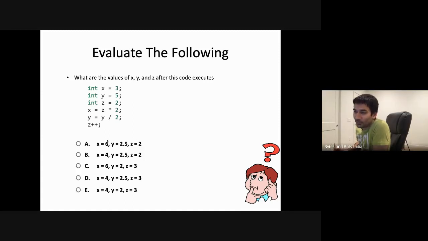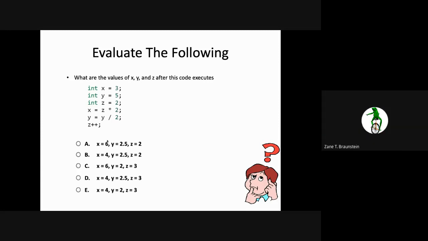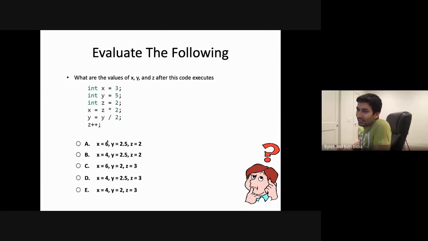Well, the answer in this case is actually E. So why is the answer E? Oh, because it's int. I know why. Yeah, it's int. Exactly, there you go. So your Y cannot be a fraction. So A, B, and D are out of question because Y is a fraction there, right? But Y is an integer, so it cannot be a fraction.